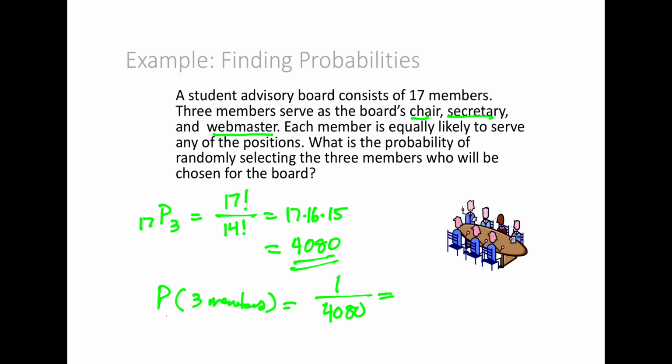So from those 17 members, you have a 1 out of 4,080 permutations that you could get. This would be 0.000245, so that's a 0.0245% probability that you'd be able to guess that combination.